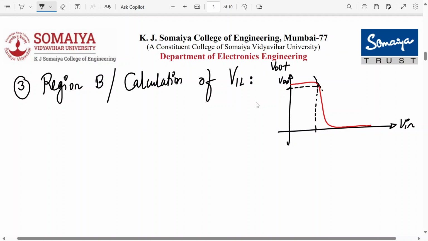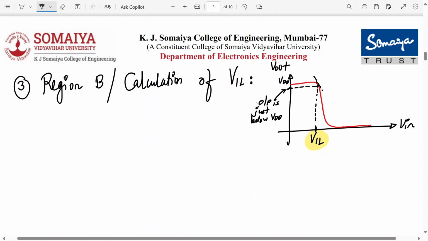This point is called VIH, and this one is VIL. That is what we need to find out. Correspondingly, my output is just below this level, just below VDD, almost at the VDD level, right? When my Vin is equal to VIL, my output is just below VDD. Do you agree or no?